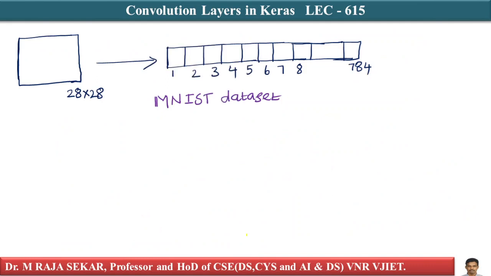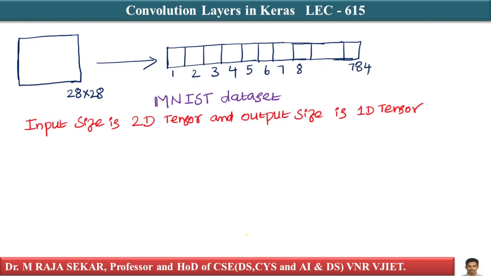For example, take the MNIST data set, where each image is of size 28 by 28. If I flatten it, 28 into 28, I will get 784 dimensions. So for this flatten operation, your input is a 2D tensor and the output is a 1D tensor.